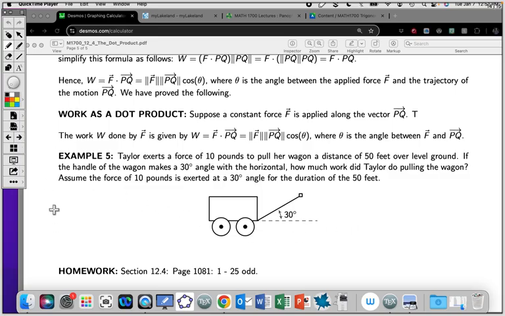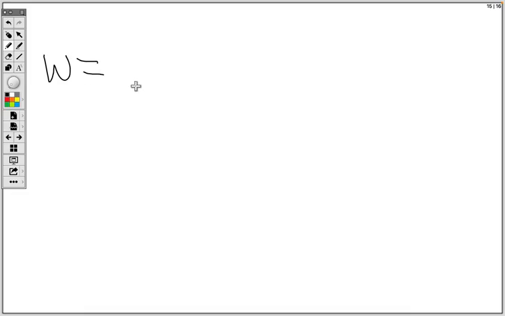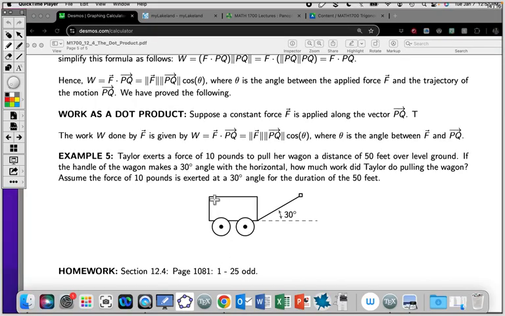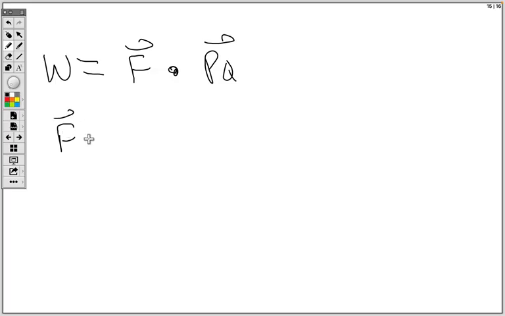So, work is F dot PQ. We can get the force here by looking at the components. The force exerted is a force of 10 pounds, so that's the magnitude of the force times its direction.